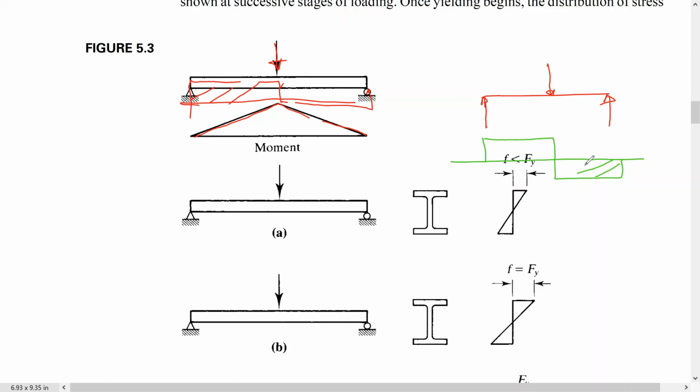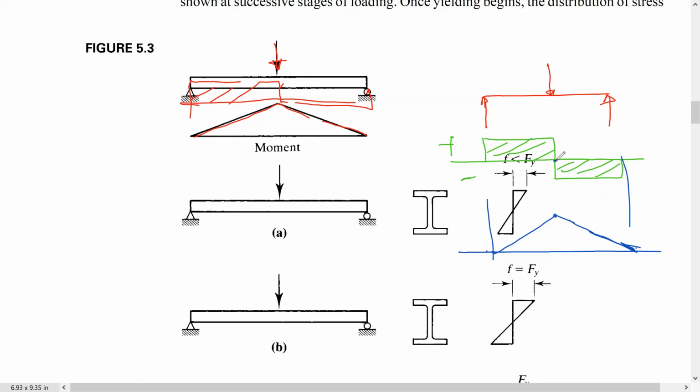This is the shear, positive here and negative here. Now to draw the bending moment, we start with 0 here, go up and then go down. This is the maximum moment, where we have zero shear.